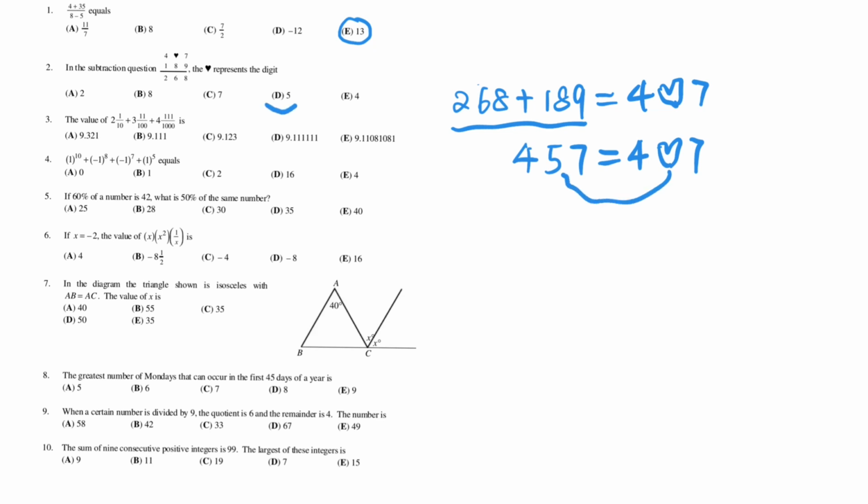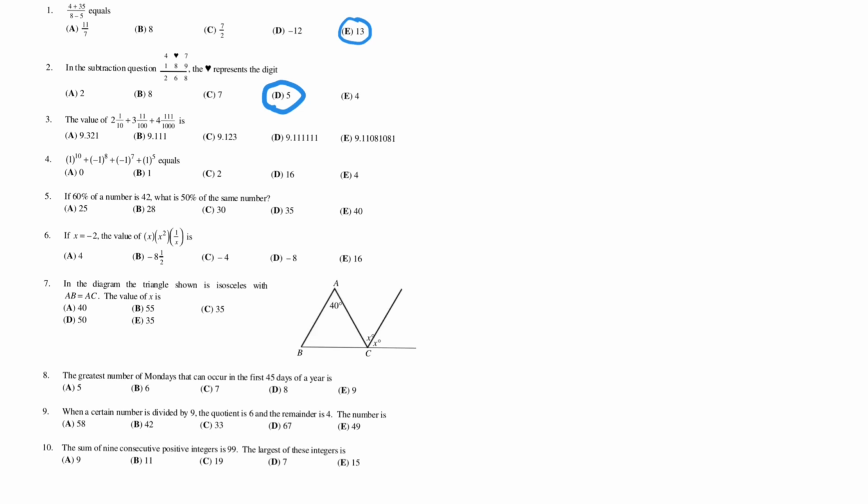The answer is E. Number 3: the value of 2 tenths plus 3 and 11 over 100 and 4 and 111 over 1,000 is.